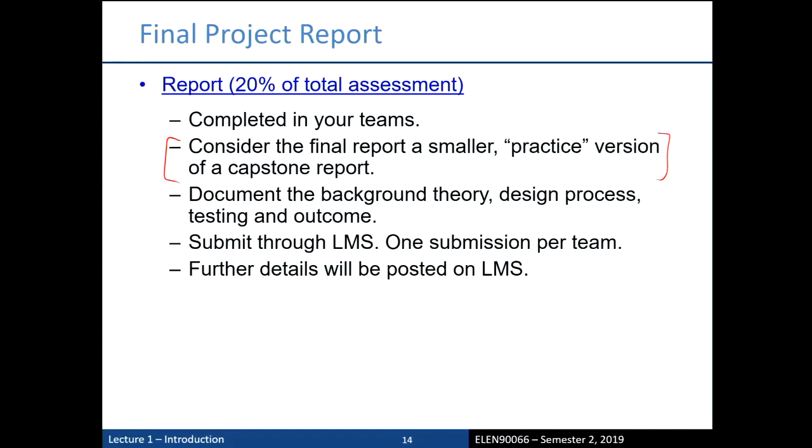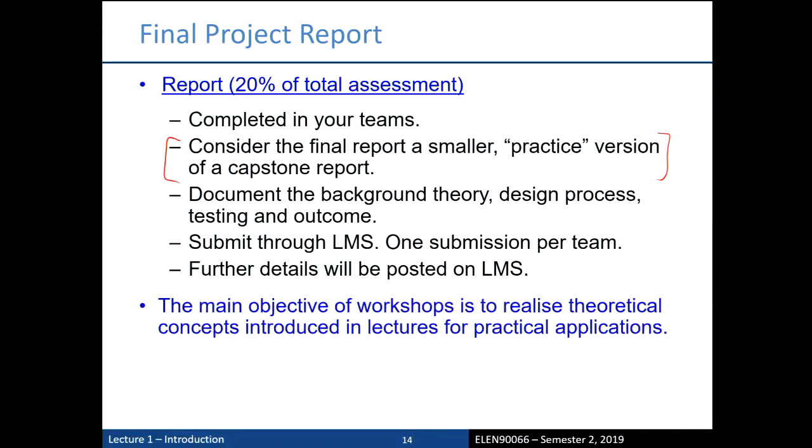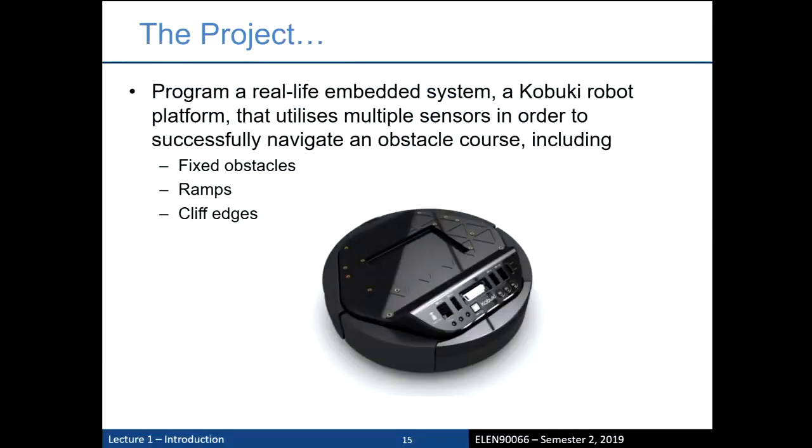Well, I have the project with me here in the bag already. It's missing its brain, but this is the project. This guy here. A kabuki robot. Robot vacuum cleaner, you might want to call it. It doesn't have the sucky part on it to suck stuff up.